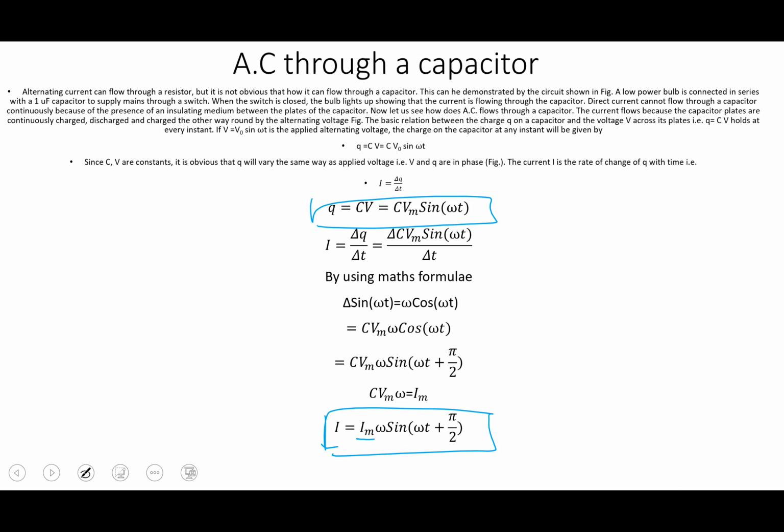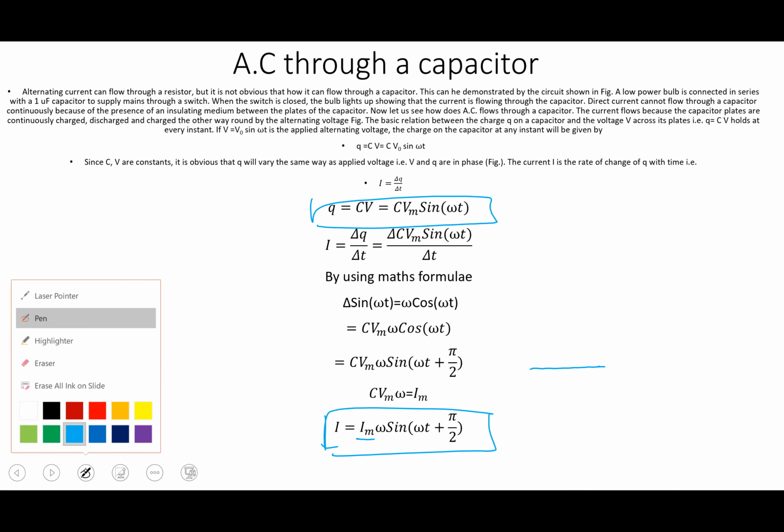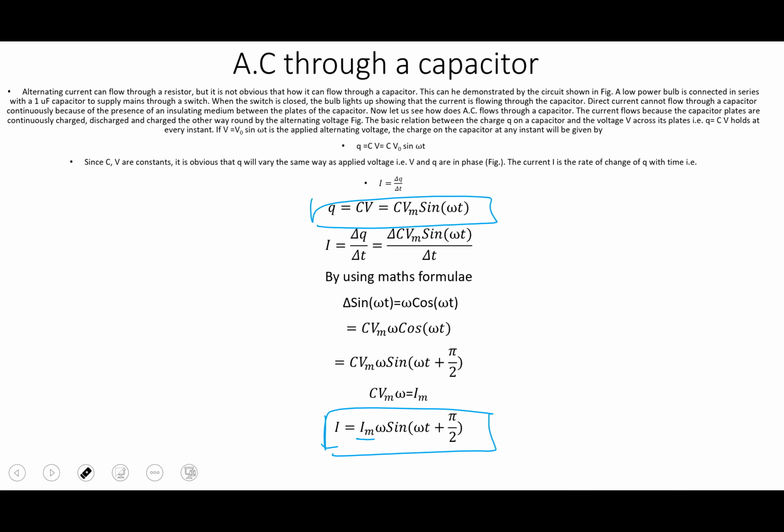Very simply, graphically, current is leading, sorry, in this case. So blue color is represented by current. Current is leading by pi by 2, whereas the voltage and the charge are lagging behind by the angle of 90 degrees, as you can see in the vectorial diagram of this whole situation.